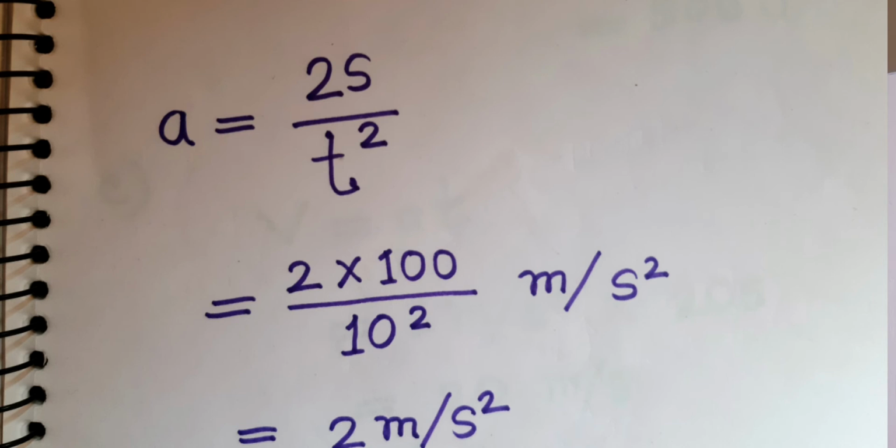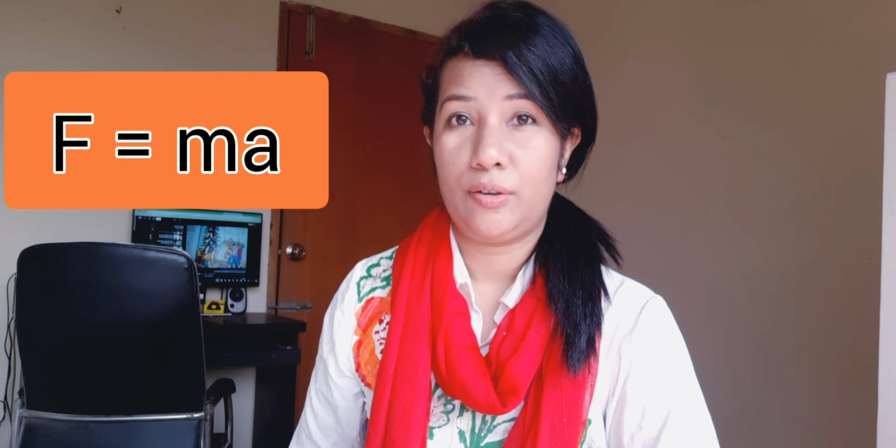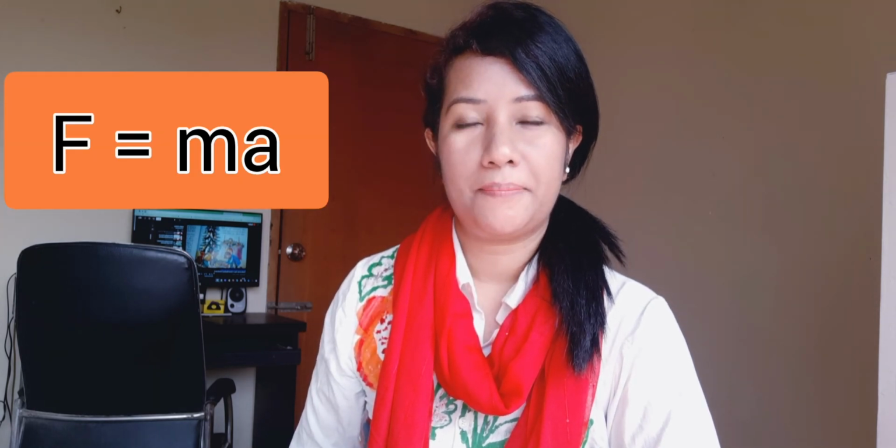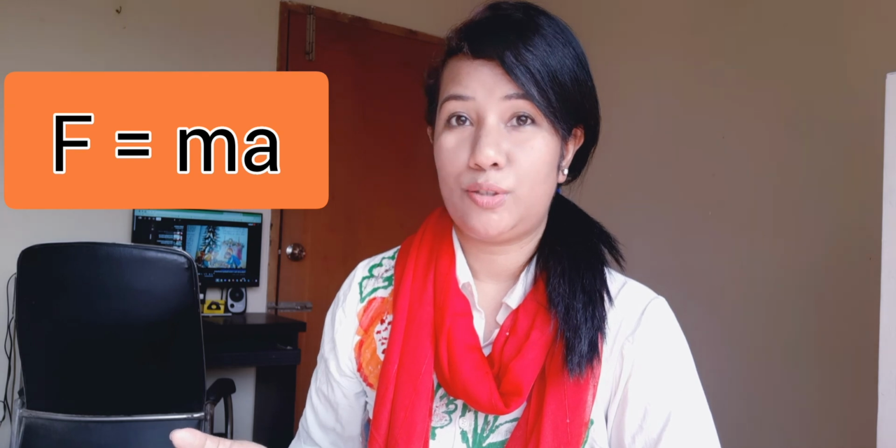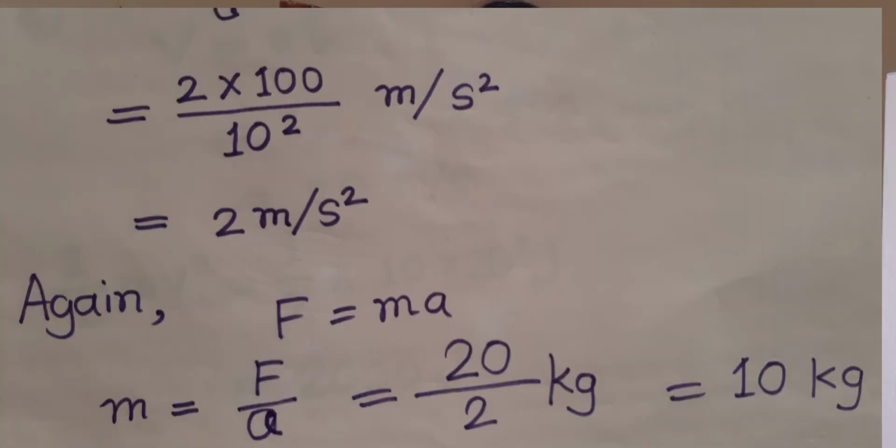per second squared, that is the acceleration. So here is another formula. We know Newton's second law, F equals ma. So F, we know, is 20 Newton, the force. And m is the mass of the object, which we need to figure out here.